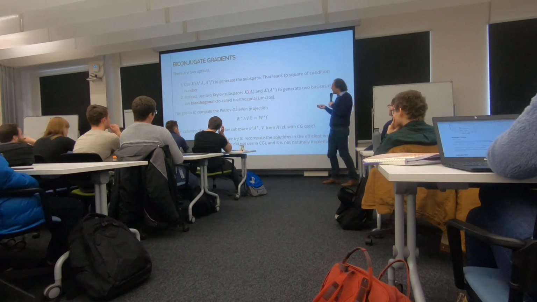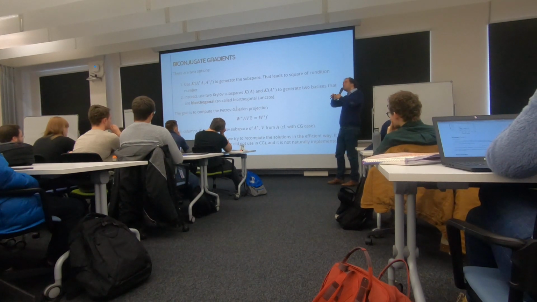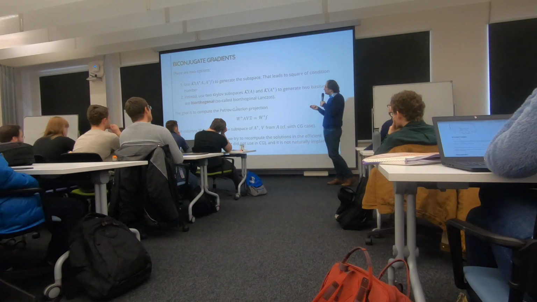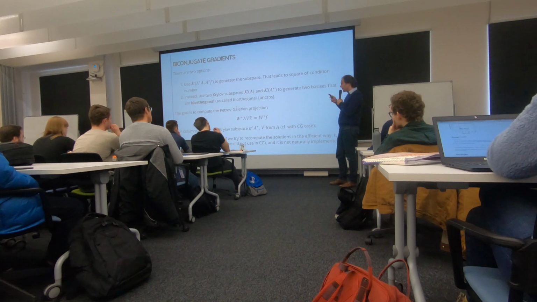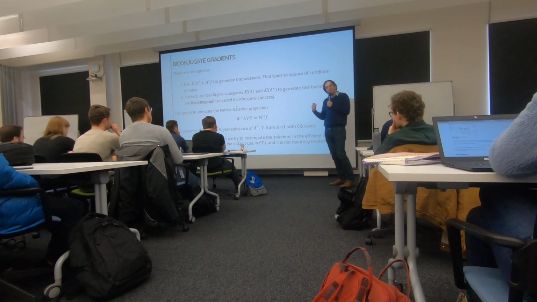We start with some vectors, and in some way we disentangle this product into two different subspaces. In such a way, we will get better convergence. So we use two Krylov subspaces, one with the matrix A, another one with the matrix A star, and they will be constructed independently of each other.